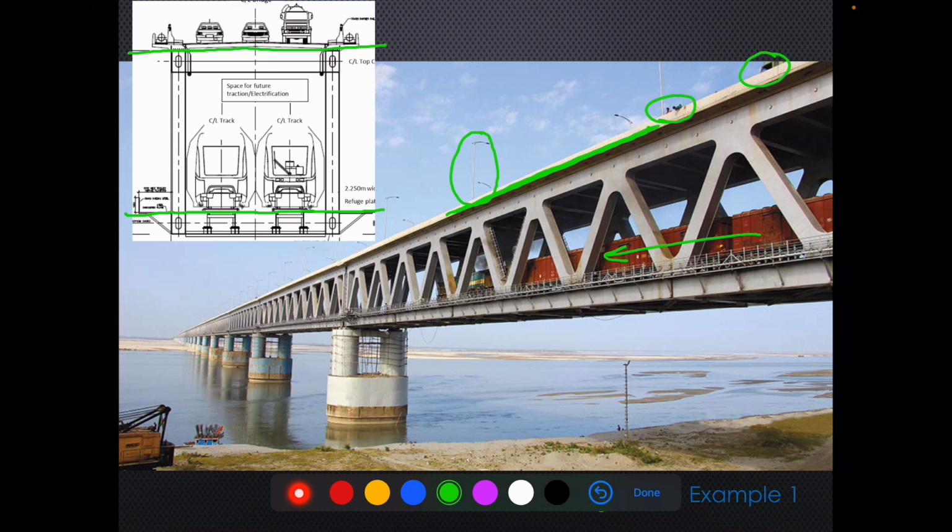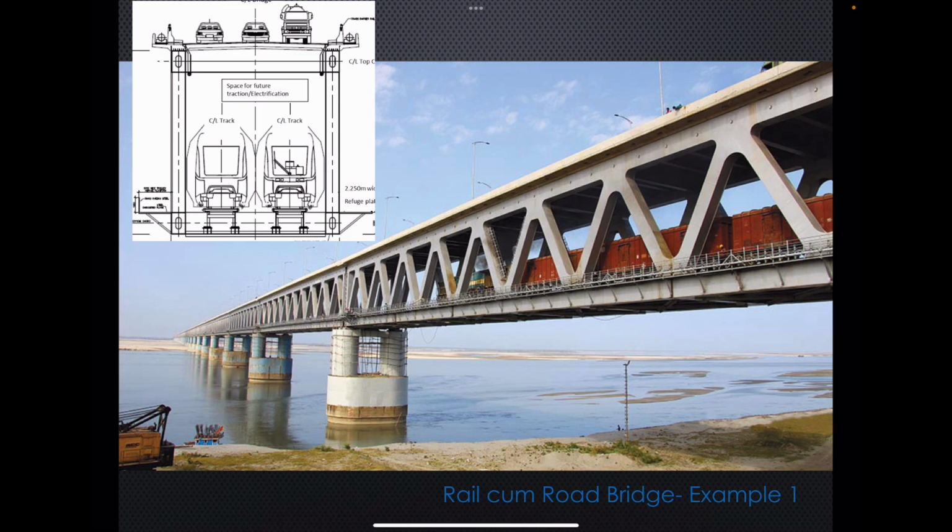And you can see that all this is a fully welded structure. Nowhere you will see there is a gusset plate or some bolts or something like that. This is a fully welded structure and train is passing at lower tier and road is passing at the upper tier. So this is one example of a rail cum road bridge.